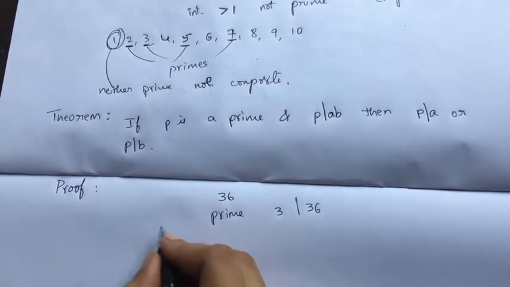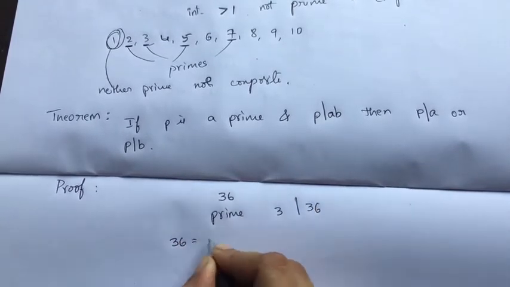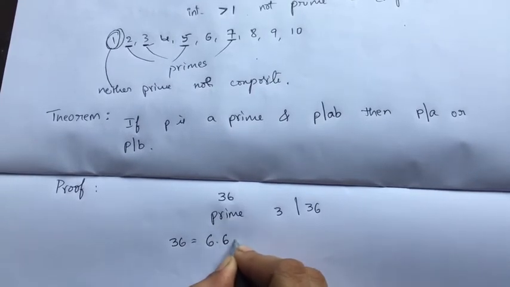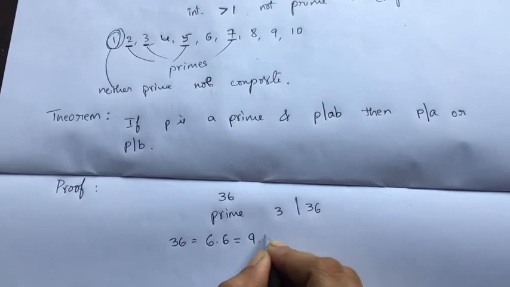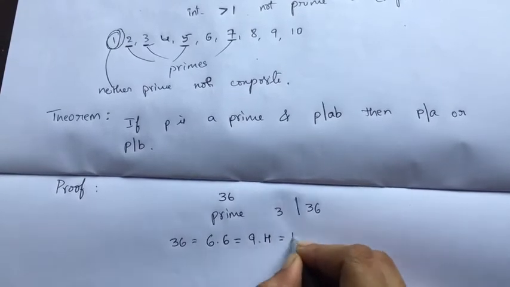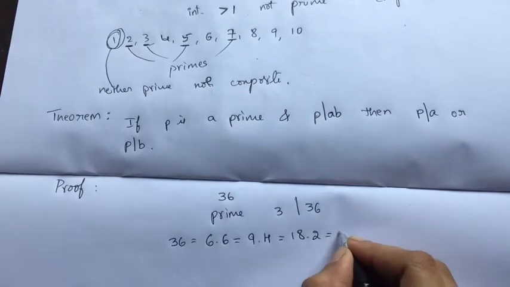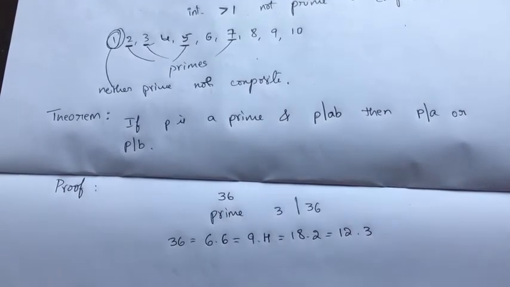This 36 can be written as a product of 6 and 6, 9 into 4, or 18 into 2, or 12 into 3, like that. You can observe one thing: in all these products, 3 divides at least one of the factors.